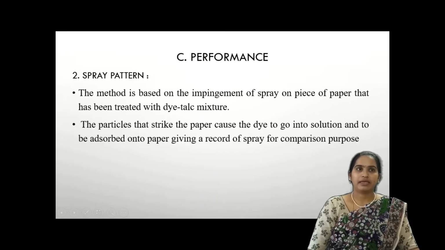Next, spray pattern. The method is based on the impingement of spray on a piece of paper that has been pre-treated with a dye-talc mixture. The particles that strike the paper cause the dye to go into solution and be absorbed onto the paper, giving a record of the spray for comparison purposes.